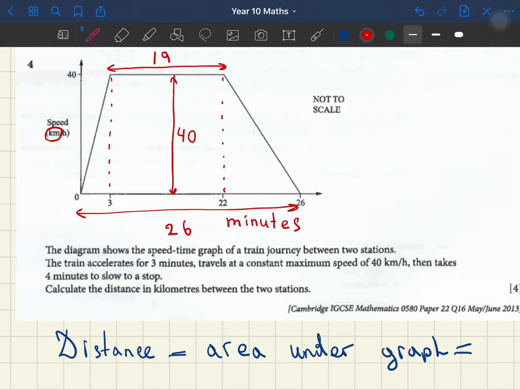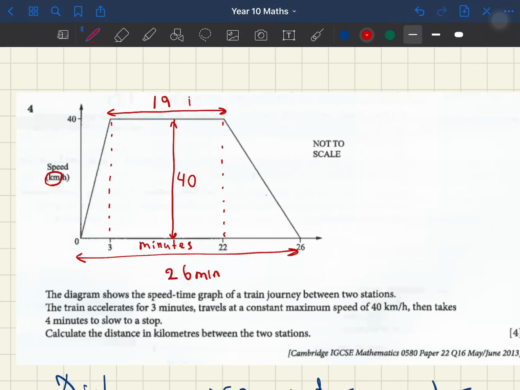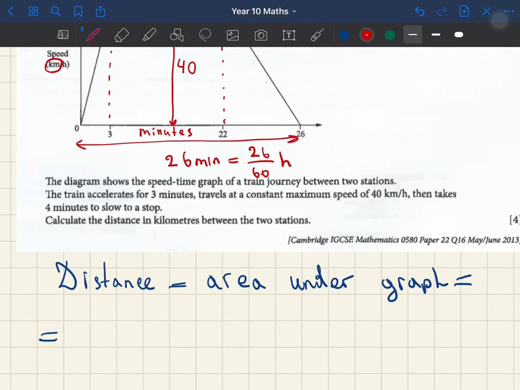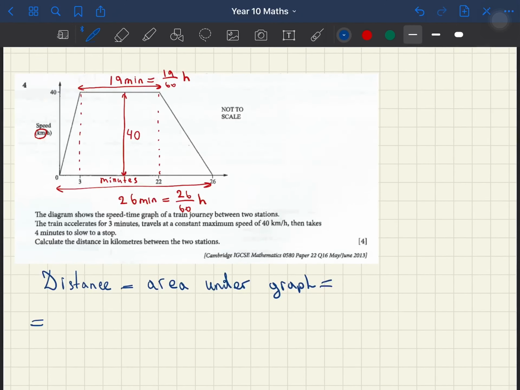So we have to convert them to hours, because we can't keep them as minutes with kilometers per hour. 19 minutes would be 19/60 hours, and 26 minutes would be 26/60 hours. So distance in this case equals the area under the graph.